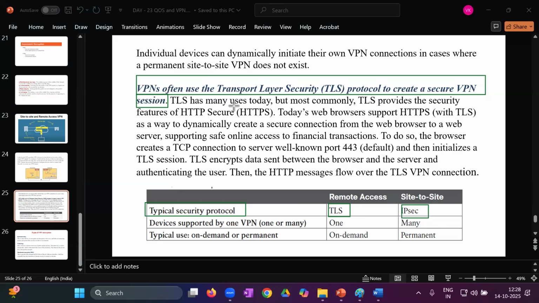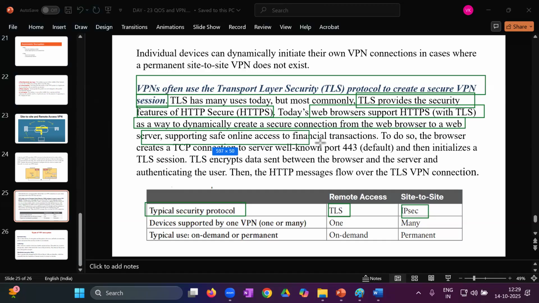application layer protocols. TLS has many uses today, but commonly TLS provides the security features of HTTP Secure. Today, web browsers support HTTPS with TLS, a way to dynamically create a secure connection from a web browser to a web server, supporting safe online access for any financial transaction.